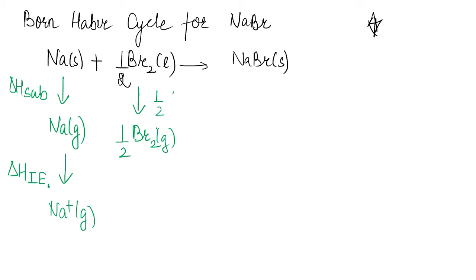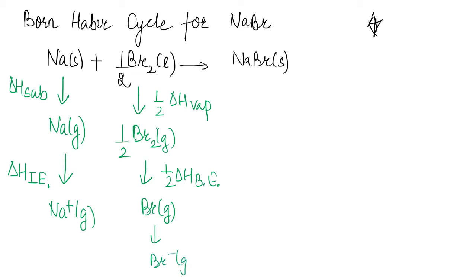So we will write half of the enthalpy of vaporization. Then Br2 will be converted into Br gas. What is this process called? Bond energy. So half of the bond energy. Then this will be converted into Br minus gas. This will be electron gain enthalpy or electron affinity. Okay, electron gain enthalpy.